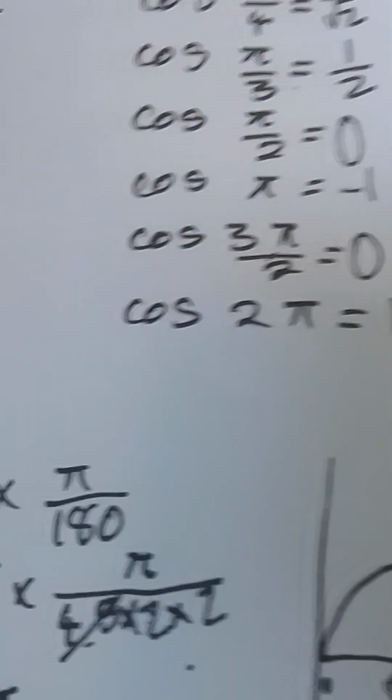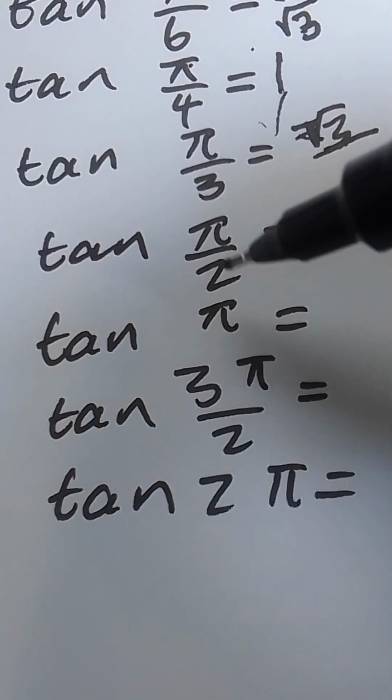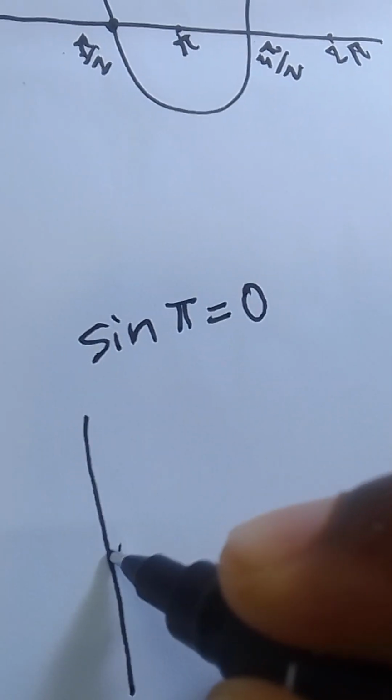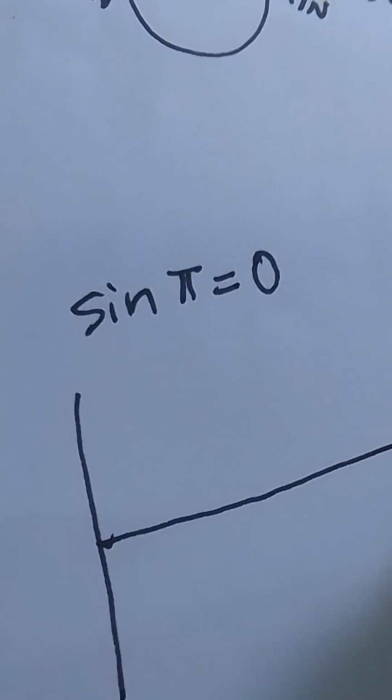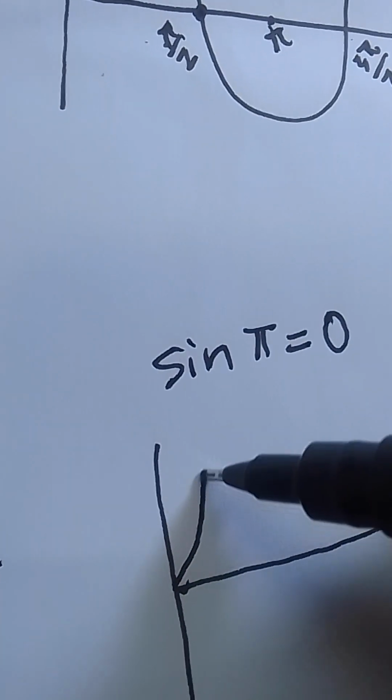Then we go to tan pi by 2. I didn't draw the graph for tan, but there's mostly one important thing about tan. Okay, a lot of important things, but one that I'm going to refer to.